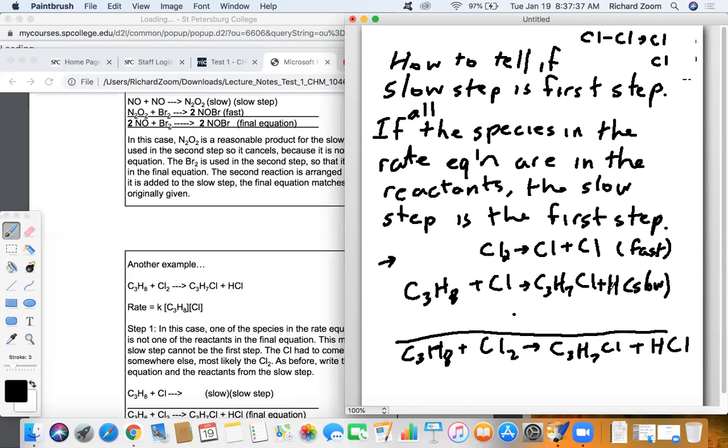Now you'll notice that we've already accounted for the C3H7Cl, which is fine, but we haven't accounted for the H. So the H goes down here, and you'll notice that there's a Cl we haven't used yet. So H plus Cl gives, what do you know, HCl, and that would be our third step, which is also fast.